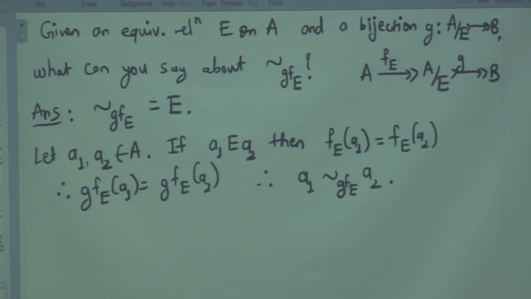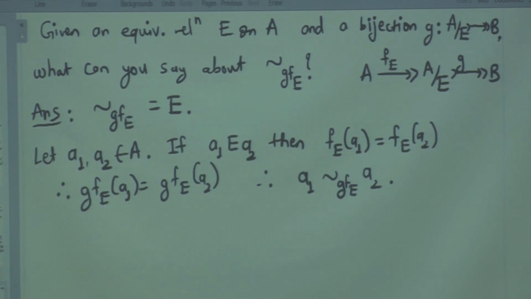And I can also trace it back because G is bijective, I can cancel it from this side. I can start with this, therefore this is true, therefore the previous one is true because G is bijective, therefore A1 is related to A2.